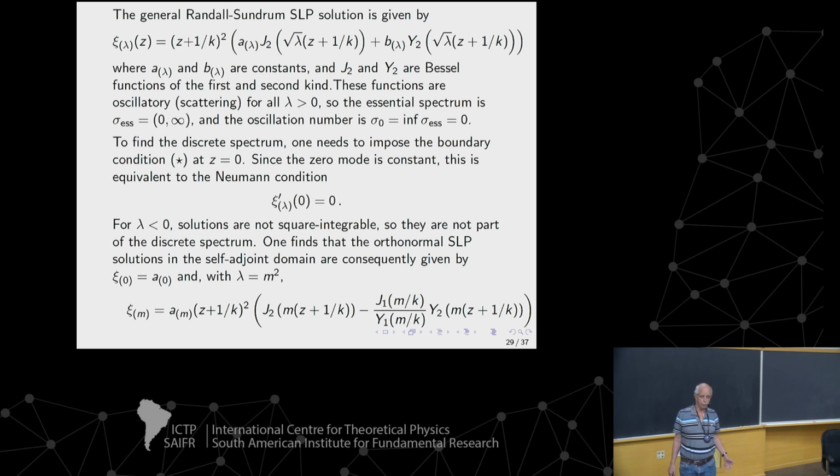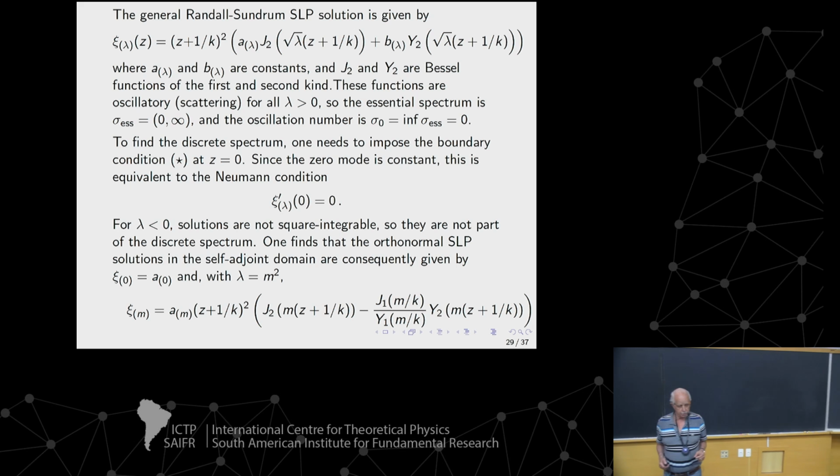They're oscillatory for all eigenvalues greater than 0. So the essential spectrum, in fact, starts at 0, and there's a normalizable 0 mode. There is no mass gap here. There's a normalizable 0 mode, and then the continuum comes smack down right on top of it. So then a natural question is, does this really localize? It does. It does in a particular way, which I'll come to in a little bit.